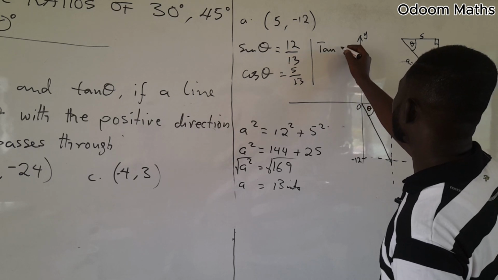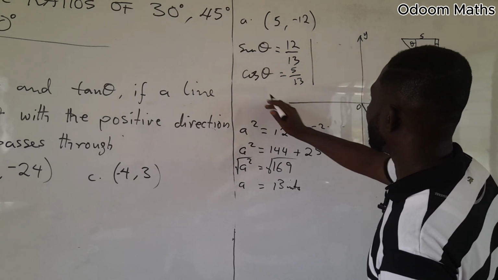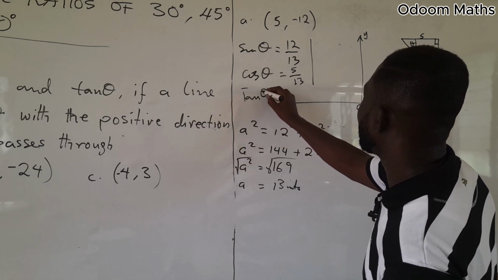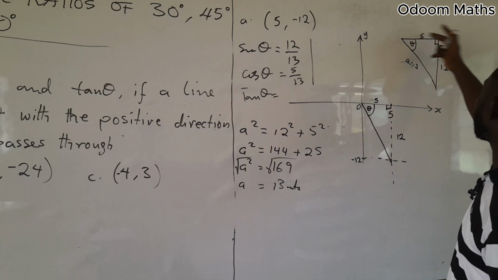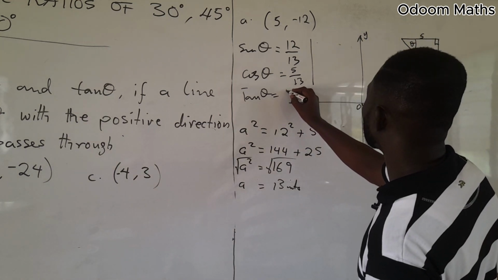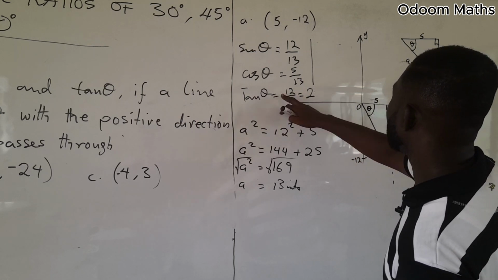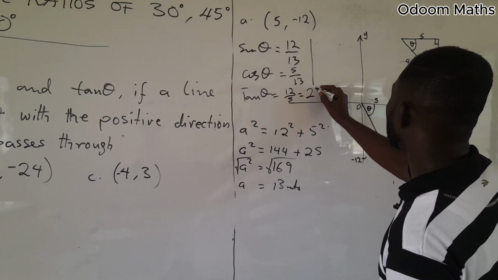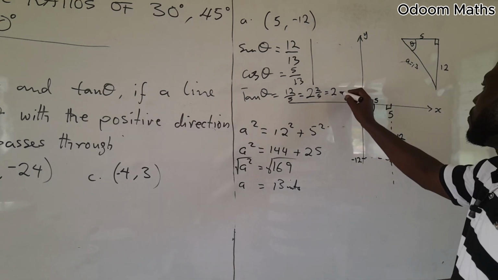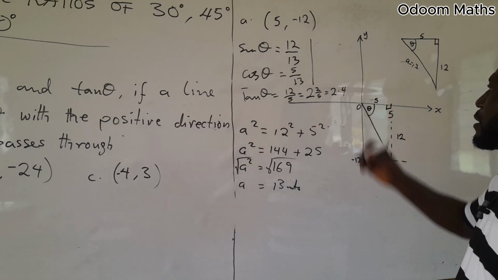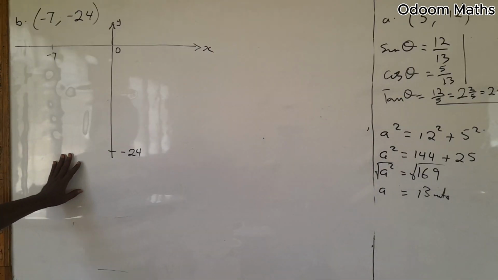My board is very small, so tan theta becomes, tan is opposite over adjacent, which is 12 over 5. And you can say that this is 2 and 2 over 5, which is the same as 2.4. So that is that.